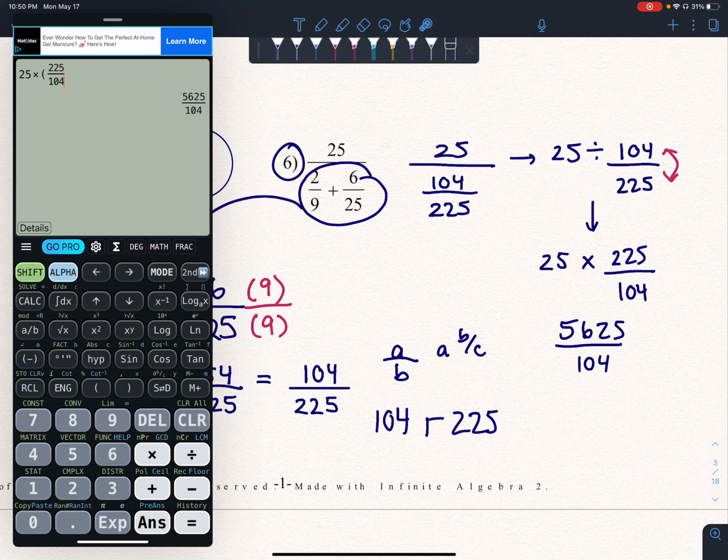Syntax error. Yeah, my calculator had done it wrong, so it's a good thing that I actually typed this in again, because this is not 104 over 9. That's not your answer. This is your answer. It cannot be reduced. So always double check your work.